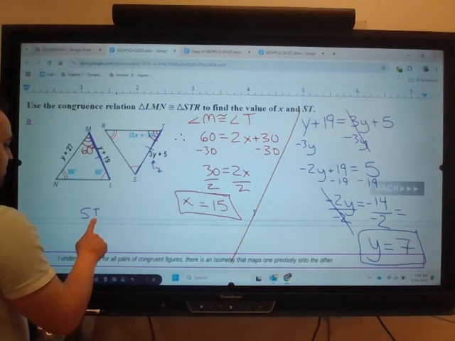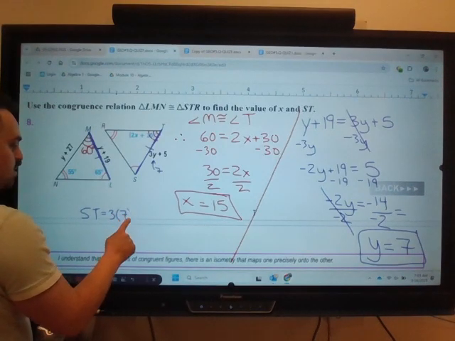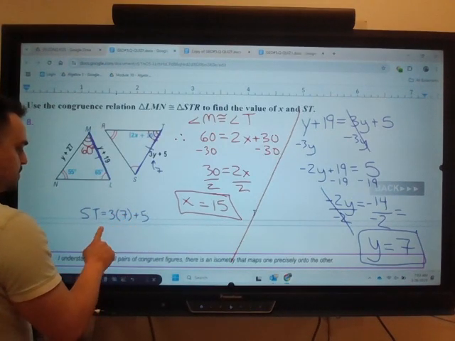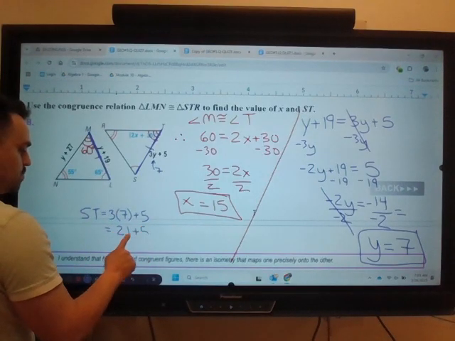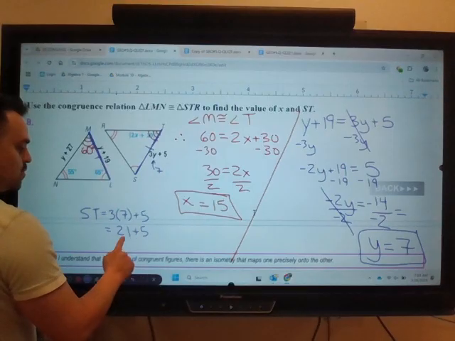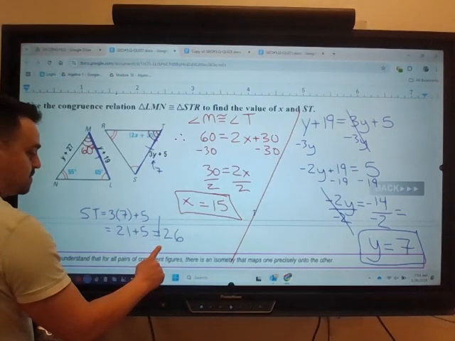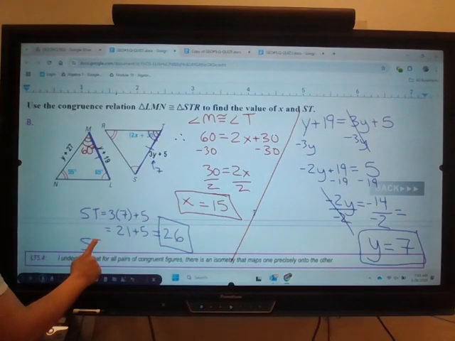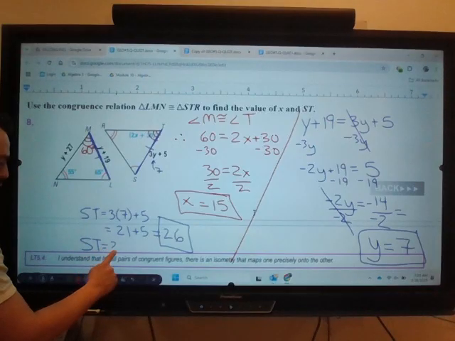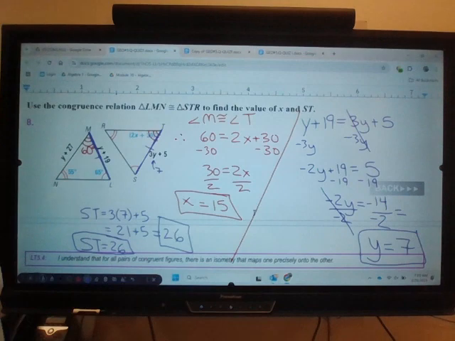The measurement of segment ST is going to equal 3 times 7 plus 5. 3 times 7, 21, plus 5. 21 plus 5, 26. So the measurement of ST is 26, or if we want to be real proper, we can say ST equals 26. You can just circle the 26 though. I'll accept it.